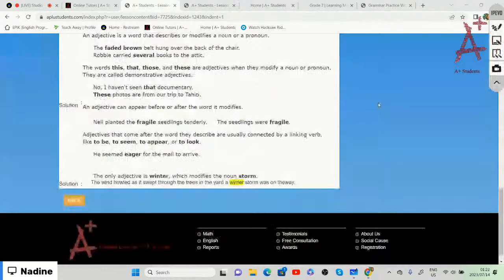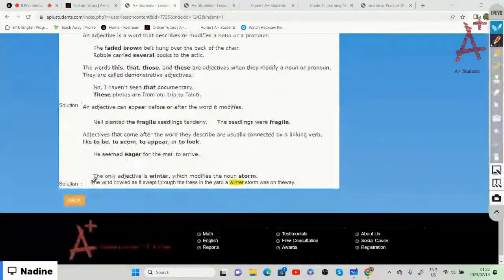All right, we're going to look at the last one. The wind howled as it swept through the trees in the yard. A winter storm was on the way.